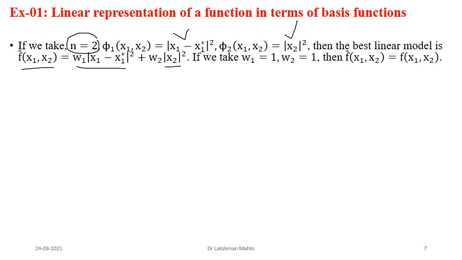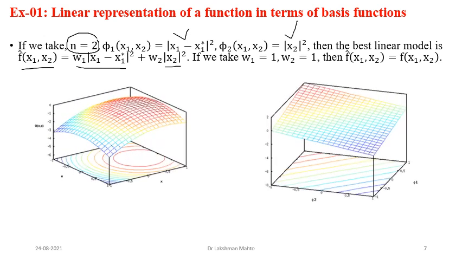That means we see this kind of situation. This one is the original representation, but here the situation is changed. This phi1 is not equal to x1. This phi1 is some kind of curve, whereas earlier it looked linear. With respect to the input space it is a curve, and it has been mapped to here. So with respect to the input variable this one is a curve, but in this representation f cap is a linear combination of phi1 and phi2, which is the square of the modulus of x2.